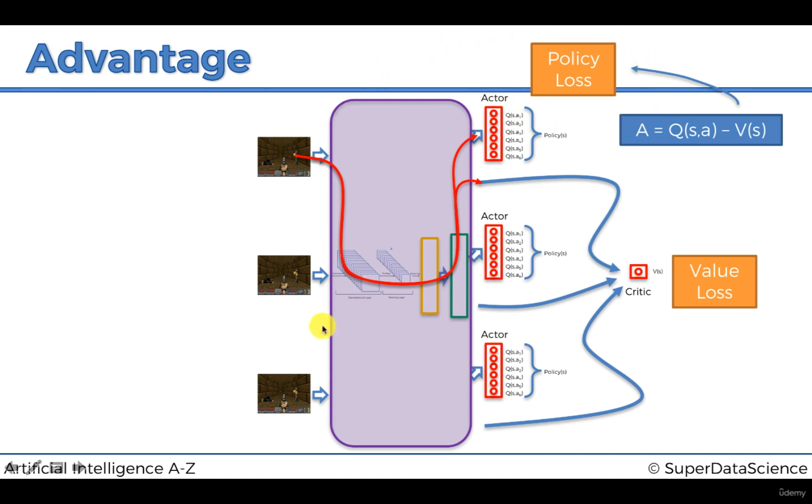Then the policy and value loss are backpropagated to adjust the network in order to, on one hand, represent the true way of things in the environment, and on the other hand, to improve the actors' performances.